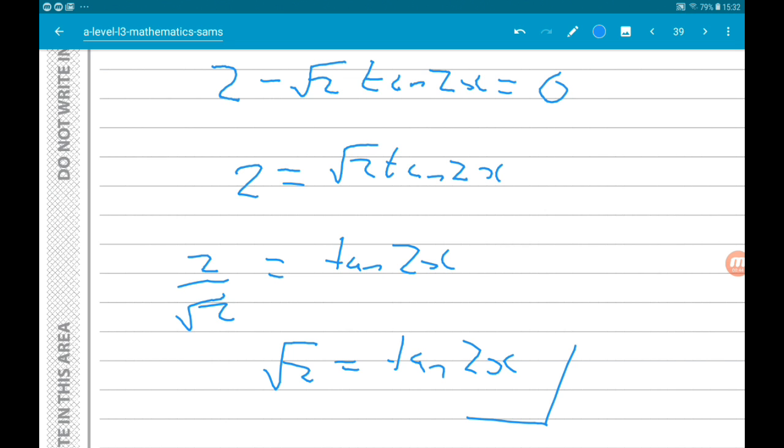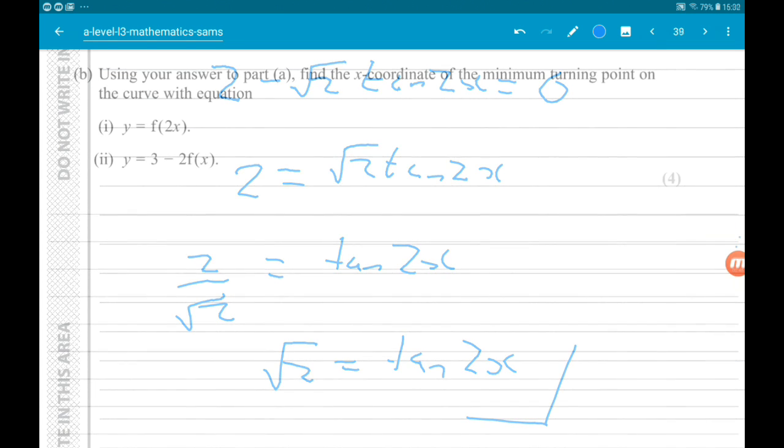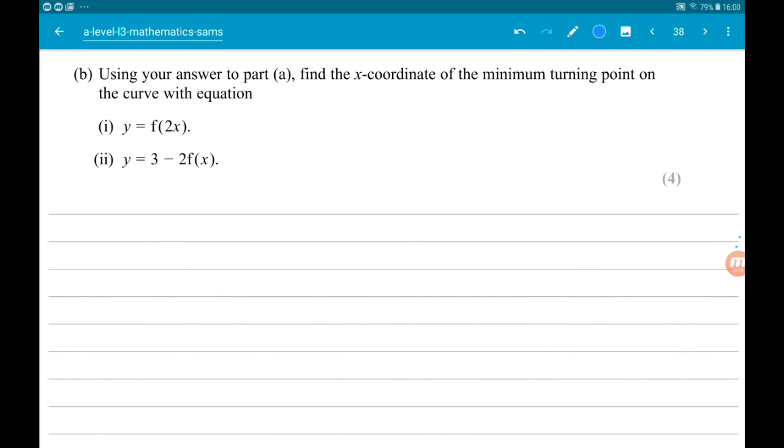Boom. Okay, then for part B, using your answer to part A, find the x-coordinates of the minimum turning point on the curve with equation part 1, y equals f of 2x.